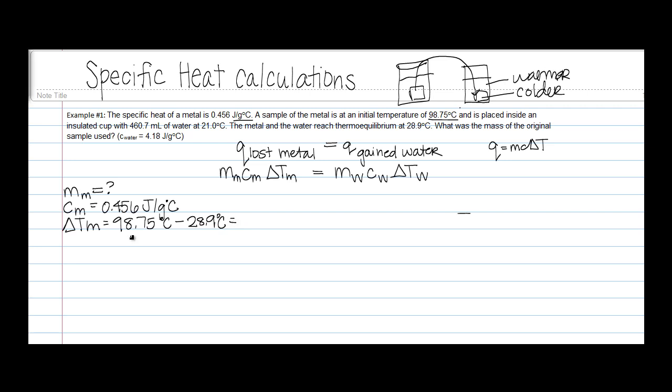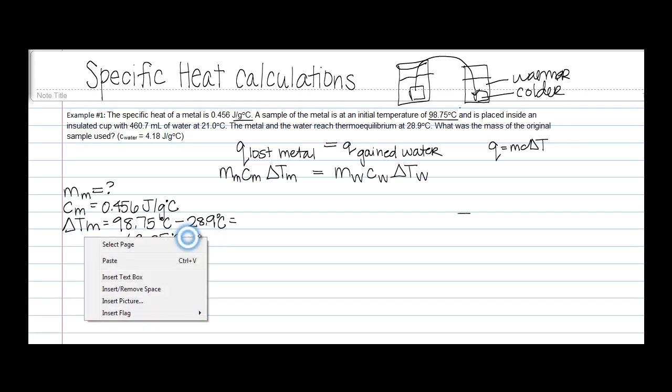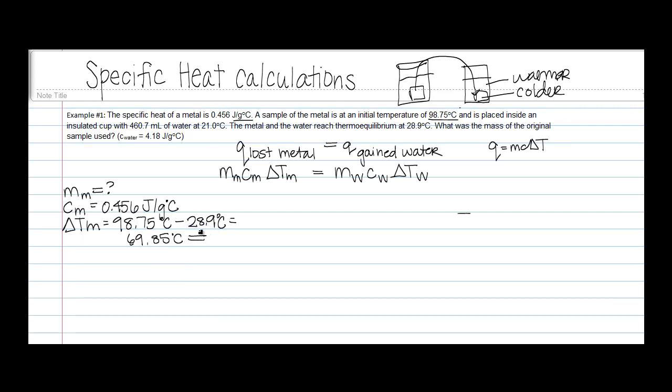So when I put that into my calculator, I get 69.85 degrees Celsius, and I want to pay attention to significant figures on this one. This has two places past the decimal, this only has one, so my answer only needs to have one, so 69.9 degrees Celsius is the change in temperature.